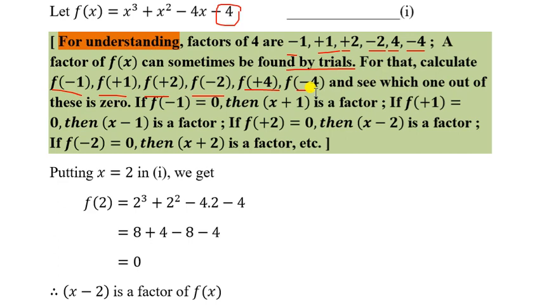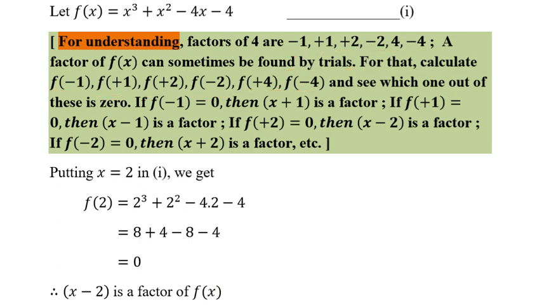If you get it in the first step, then it's very good for you, but if you do not, you have to calculate all of them, f of minus 1 also, f of plus 1 also, and see which one of these is 0. If f of minus 1 is equal to 0, then easily you will get the factor. If f of plus 1 equals 0, then you will get a factor. If f of plus 2 equals 0, then you will get a factor. That means anyhow you have to find out whether the value of the polynomial is 0 or not.